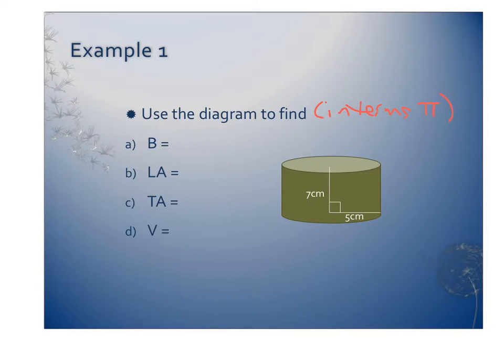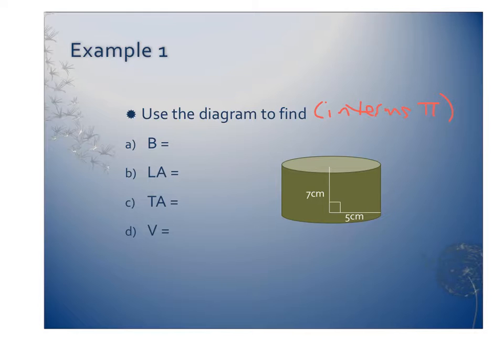I highly recommend the graphing calculator. It will really benefit you when you go to take the SAT. When you're using pi, they're going to expect you to use the pi button if they are letting you use a calculator. If they do not let you use a calculator next year, you would just leave the pi symbol.